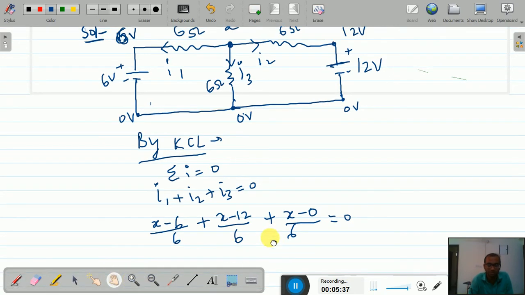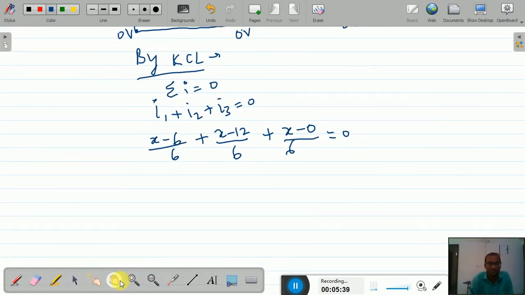So now you can write this: x minus 6 plus x minus 12 plus x, divided by 6. The LCM will come, but that will not be 0, right?